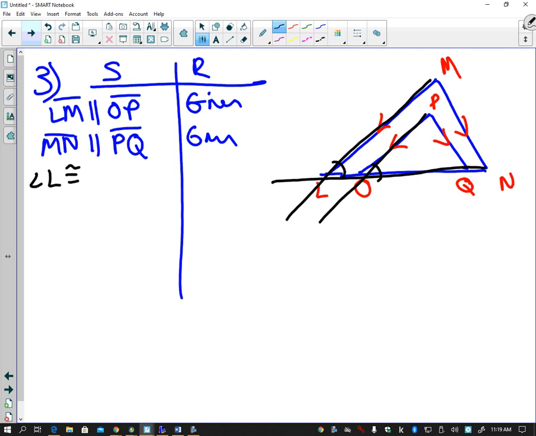and I can't just say O there, because O can be a part of other things. It could be like POL. So I have to say angle POQ. That is what we call the corresponding angles postulate.